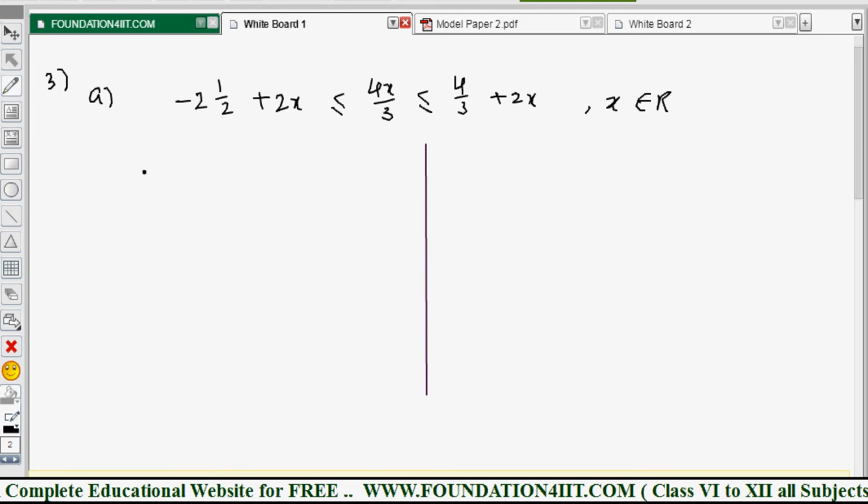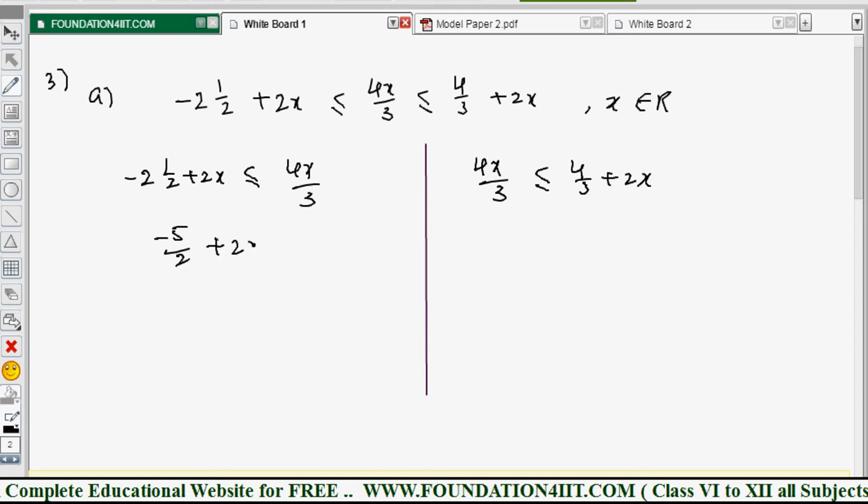First 2 we will take, that is minus 2 1 by 2 plus 2x is less than or equals to 4x by 3. Okay, and again here 4x by 3 is less than or equals to 4 by 3 plus 2x. Take like this and solve. If you convert the mixed fraction into improper, that's minus 5 by 2 is 4 plus 1 plus 2x less than or equal to 4x by 3. Take the x terms to one side, so 2x minus 4x by 3 is less than or equal to 5 by 2.